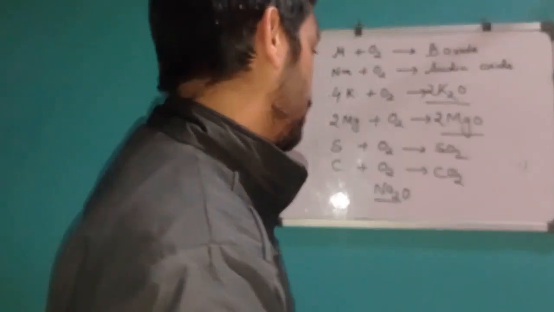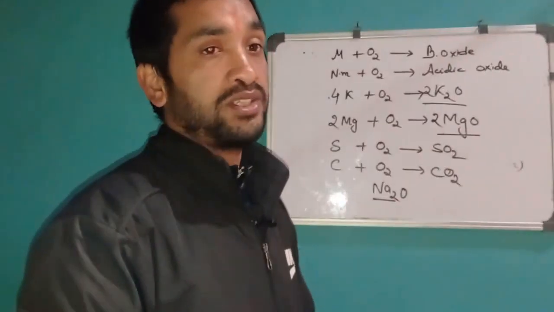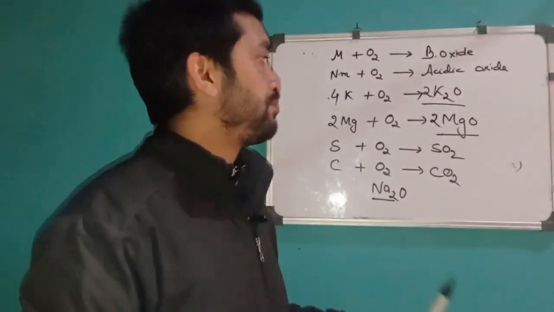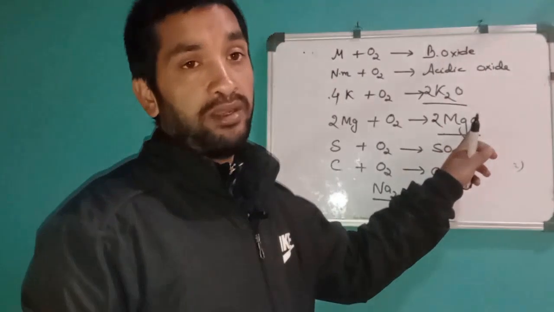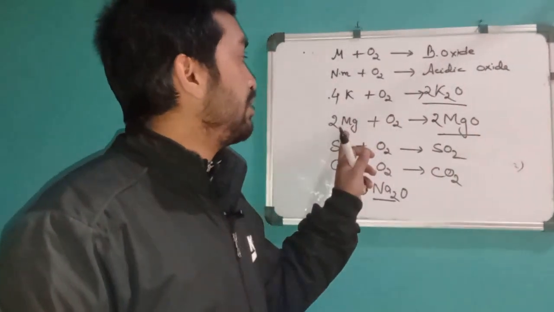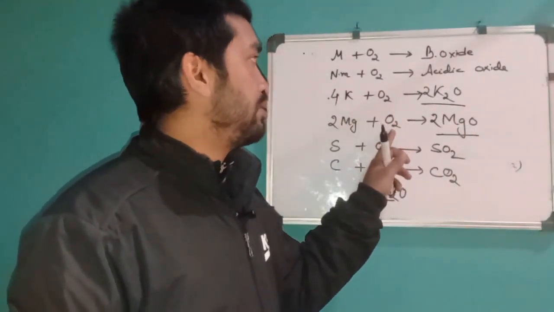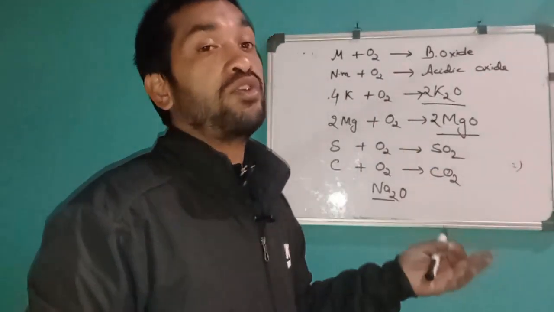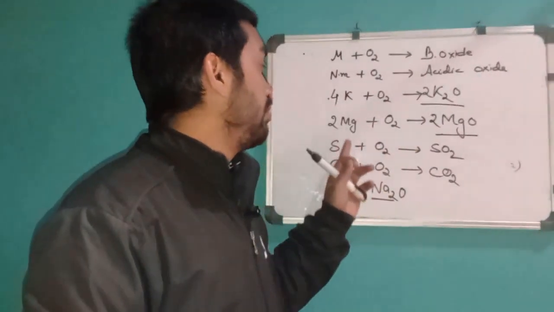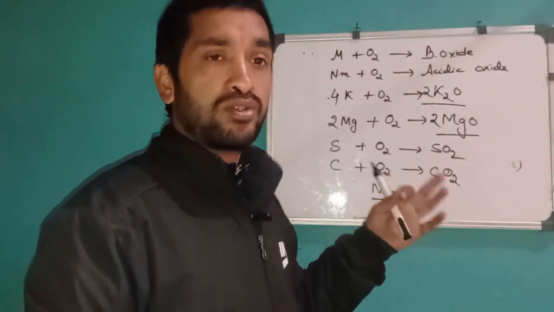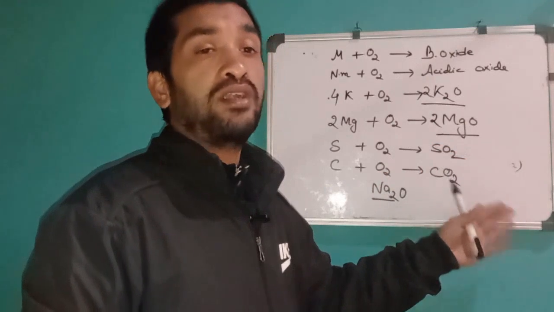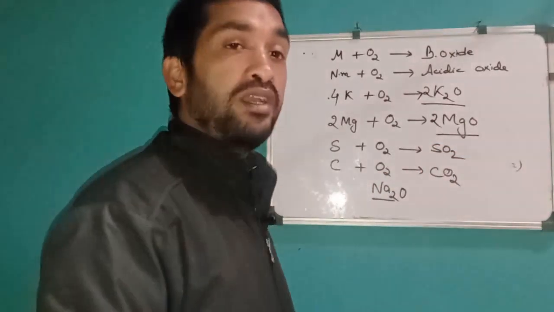So remember what acidic oxides are and what basic oxides are. I hope you can give the theoretical definition. What is the theoretical definition? The oxide obtained when a metal is made to react with oxygen is called a basic oxide. Now what is the theoretical definition of acidic oxide? When a non-metal reacts with oxygen, the resulting species that we get is called an acidic oxide.